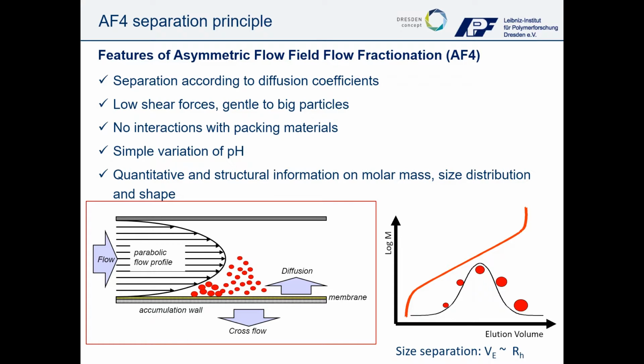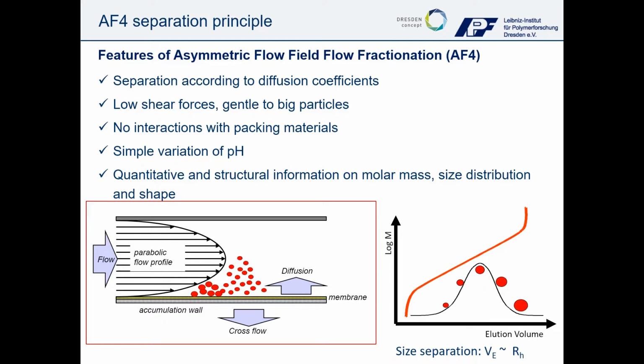Asymmetric flow field-flow fractionation is a method which can help us to understand a lot of these particular properties of these biomacromolecular systems, because this operation, as I already explained before, is working according to the diffusion coefficients of the different sized particles or macromolecules.